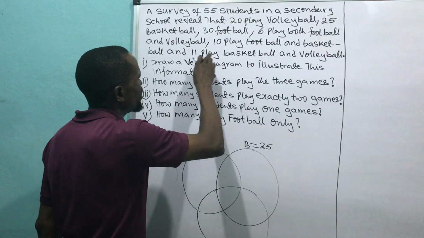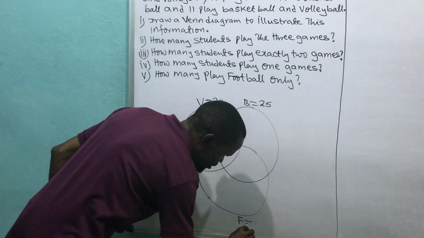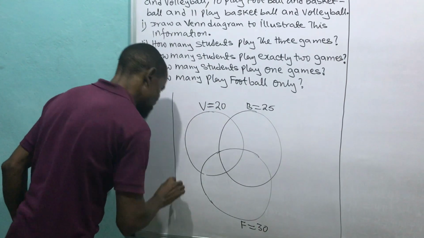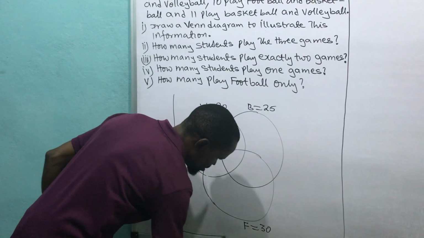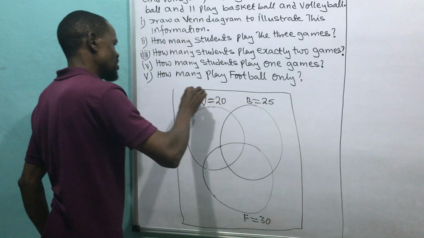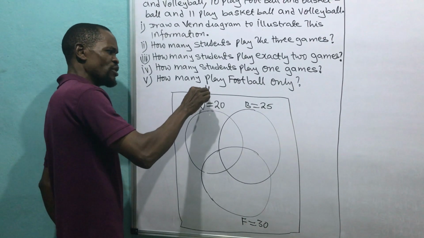30 play football, so I have F to be 30 down here. Then I'm going to represent it in a Venn diagram. Look at the Venn diagram. Then look at the mu.